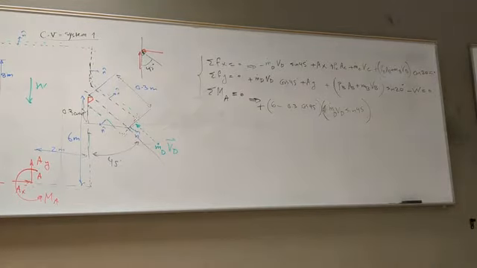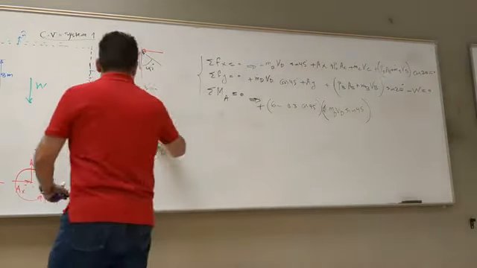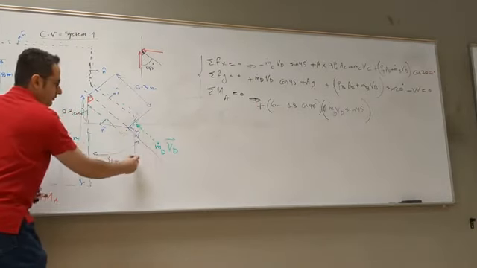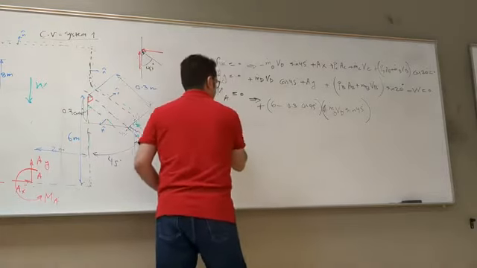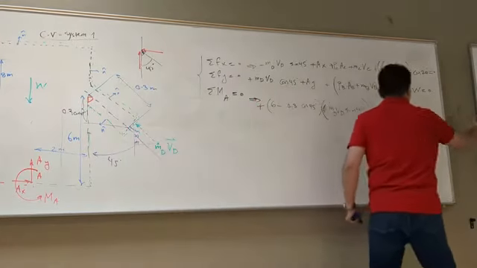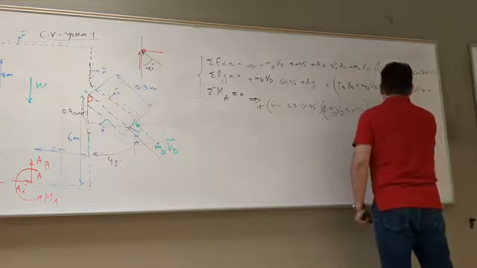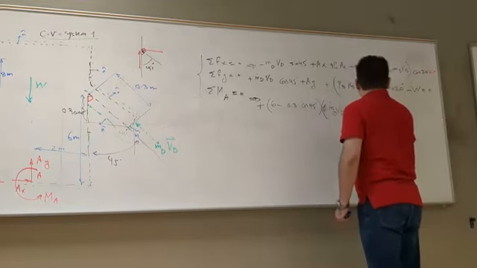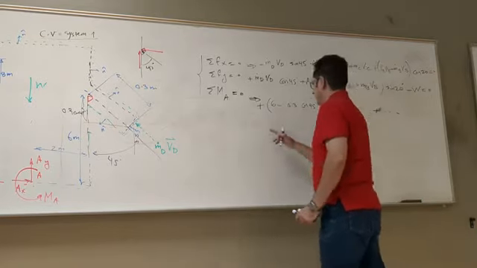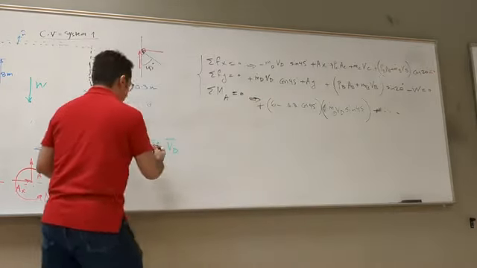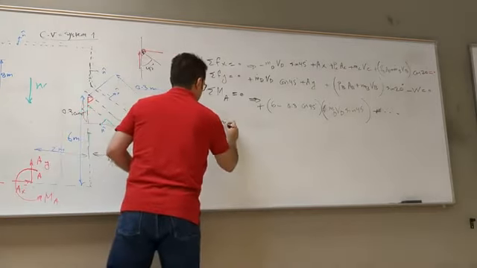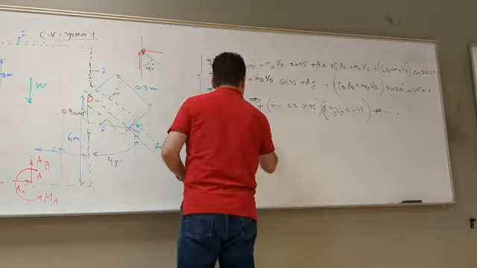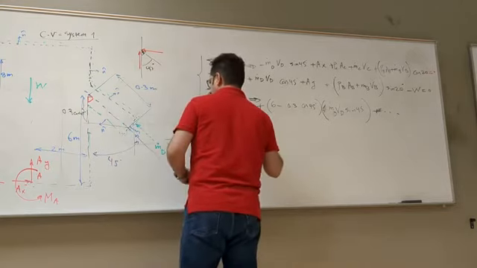All right, next one. This was the x, now you get the y component. I really wish we had a bigger whiteboard. Let's write it here, dot, dot, dot. So the y component is m dot Vd cosine 45.